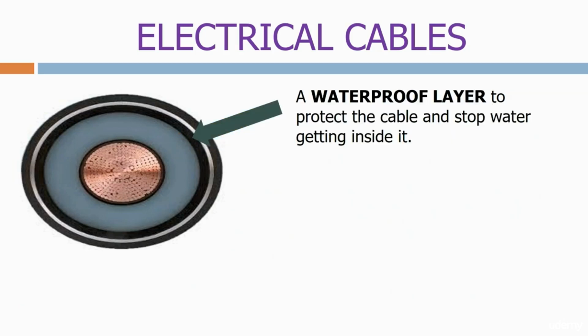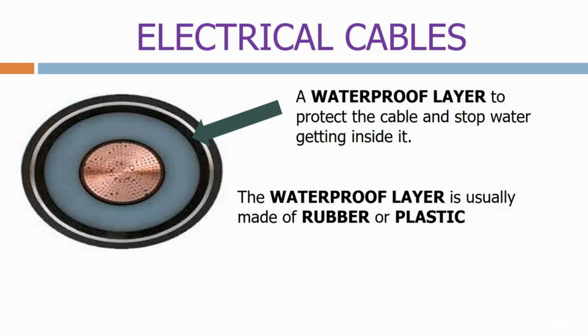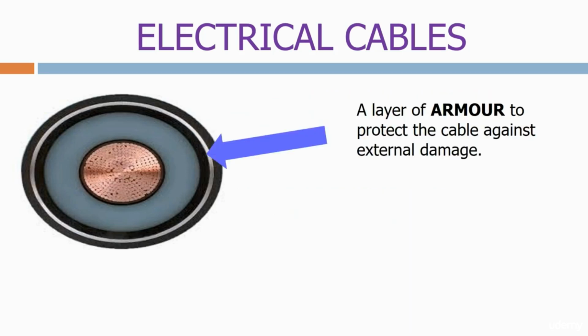A waterproof layer to protect the cable and stop water getting inside it. The waterproof layer is usually made of rubber or plastic. A layer of armour to protect the cable against external damage.